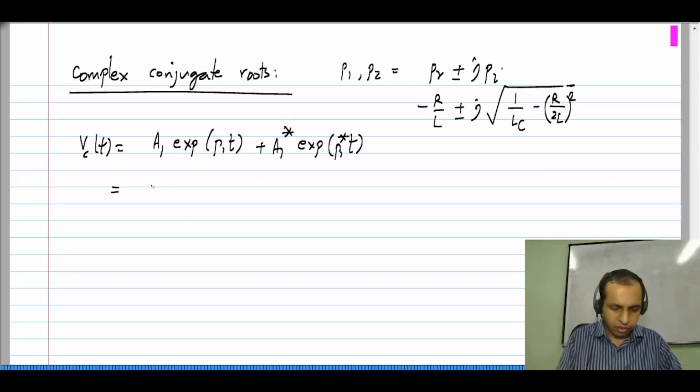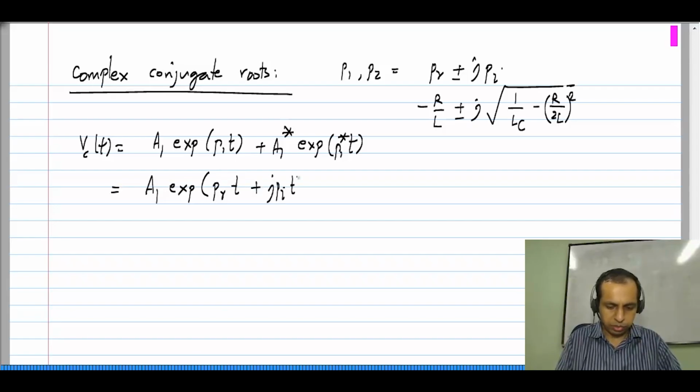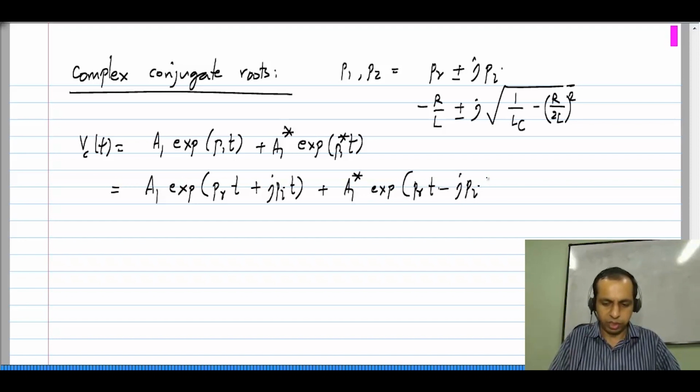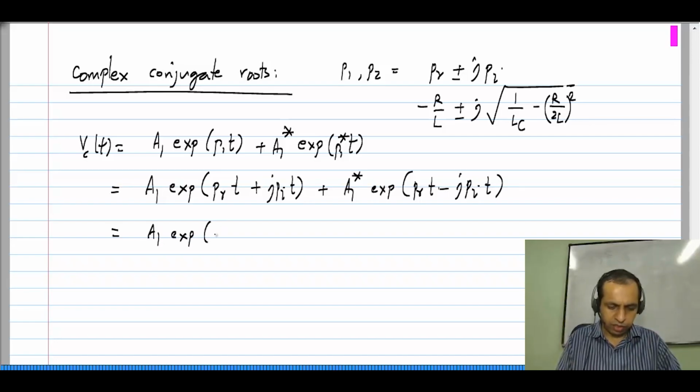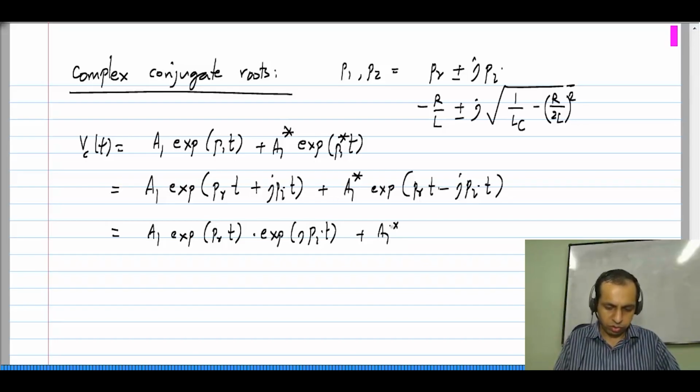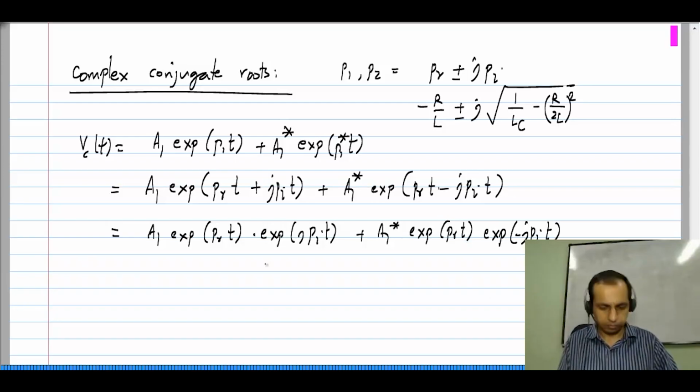Now if I substitute the form of P1 and P2, I'll have A1 exponential (PR times t plus j PI times t) plus A1 conjugate exponential (PR times t minus j PI times t), which after factoring out exponential PR t, we'll have A1 exponential j PI t plus A1 conjugate exponential minus j PI t.